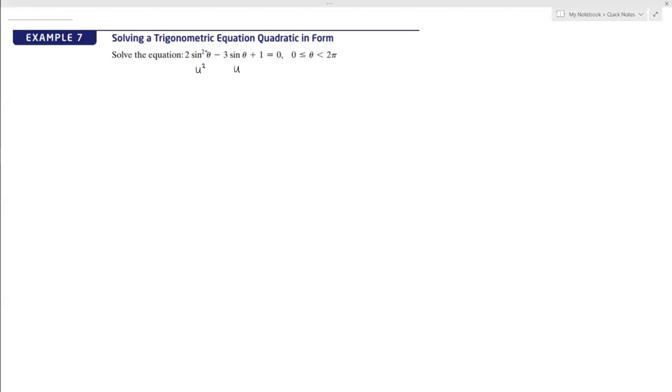This one's sine squared and this one's just sine theta. So substituting that in, we have 2u squared minus 3 times u plus 1 equals 0 if u is equal to sine theta.